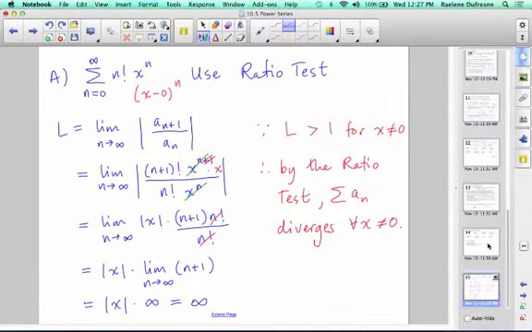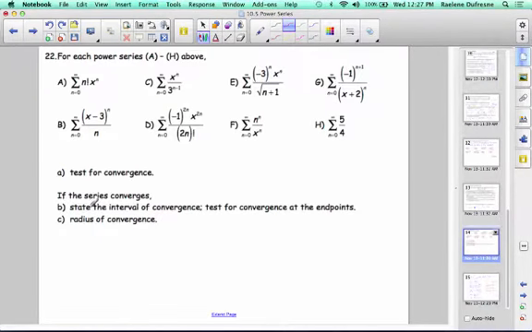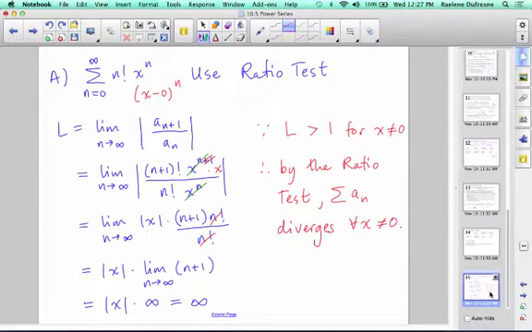So what we are asked is to state if the series converges, but we can still answer B and C, because when we have the series diverges, we still know that there is one x value for which the series will converge. So we know that the series diverges for all x not equal to 0.